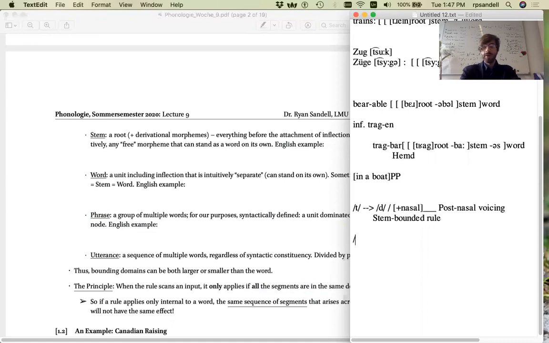So if we say that this process is stem-bounded, let's imagine that a language has a stem keen and an inflectional suffix ta.